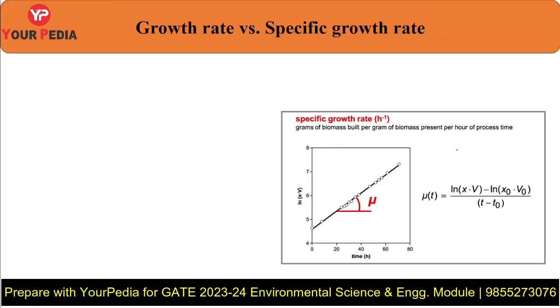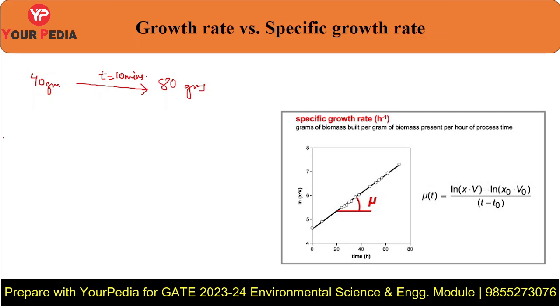Now we have been talking constantly about growth rate, specific growth rate I mentioned maybe 3 times. So let's know what it actually is. Okay. So let's say in the start, we fed around 40 grams of microbes, which doubled in 10 minutes to 80 grams biomass, right?